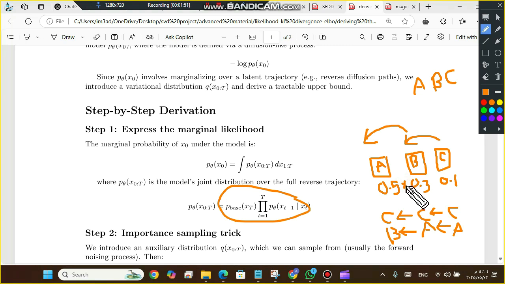So it will be this one times this one times this one, right? So this whole path probability, the total multiplication, is what we call the path probability.